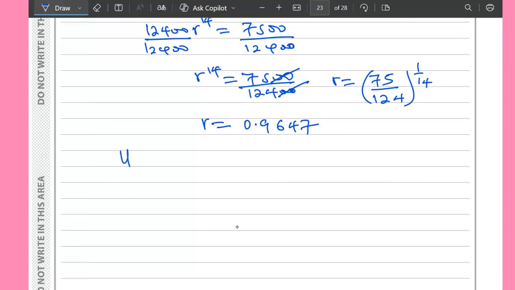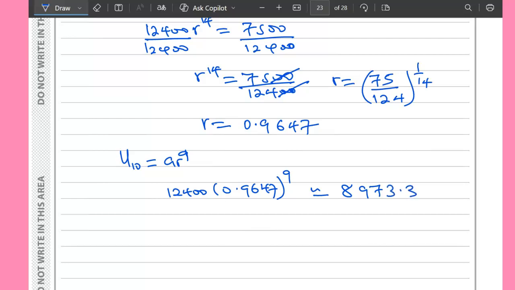So the 10th term will be ar power 9. So if we substitute the values of a and r, then we'll have 12,400 into 0.9647 raised to power 9, and this one is approximately 8,973.3. To the nearest tens, this will be approximately 8,970.